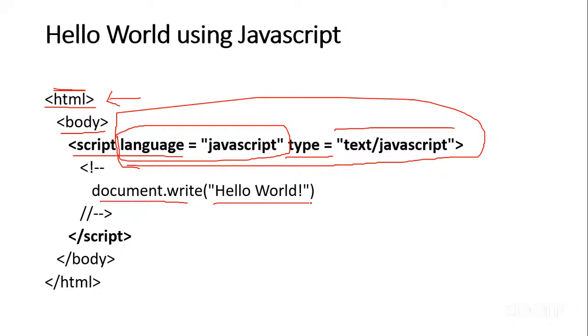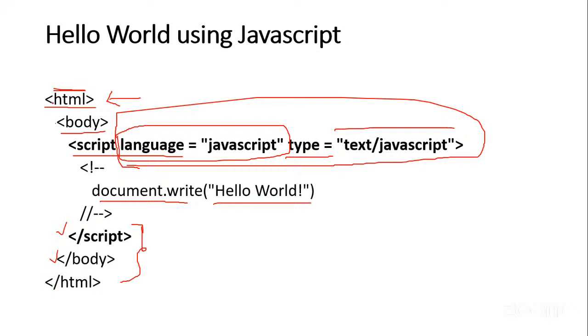This is the code used to print hello world on the screen when you execute it. All the tags you open, you must close in reverse order. The last tag opened is the script tag, so close the script tag. Before that, the body tag, so close the body tag. How to close? Just use a forward slash after the less than symbol.